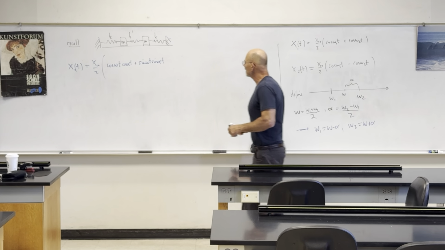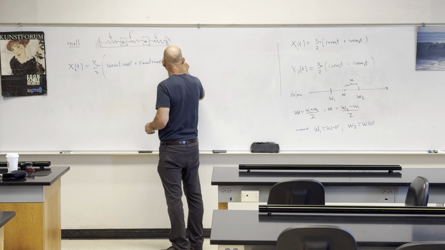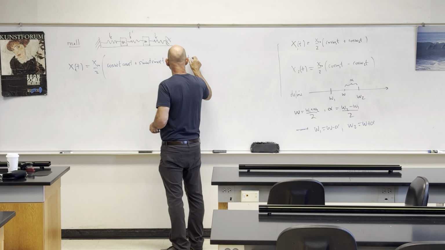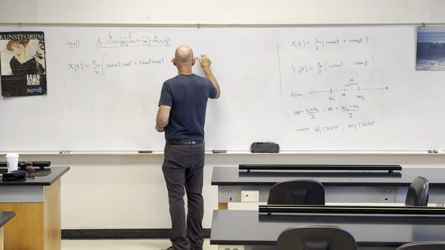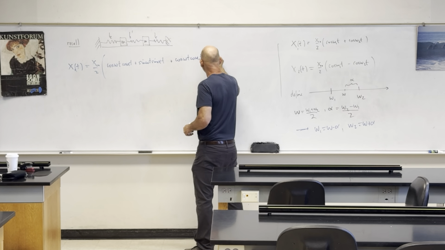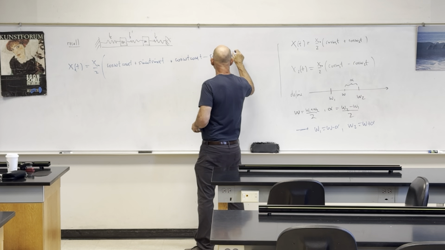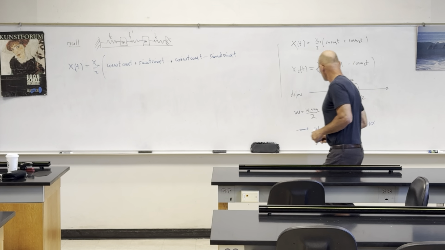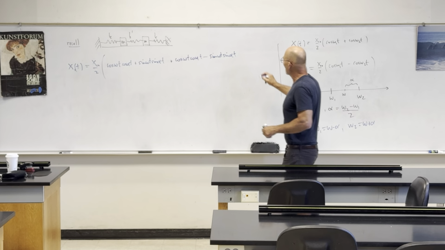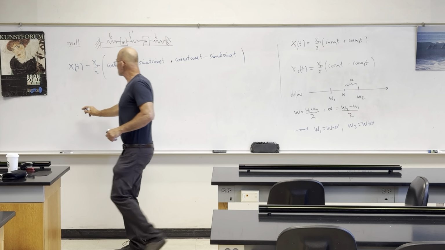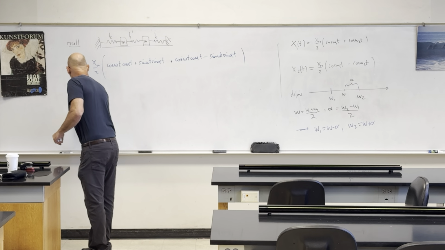And for the omega 2, we have plus cos omega t cos alpha t minus sine omega t sine alpha t. And you'll notice that x2 of t, let's leave a bunch of room between these two, okay?